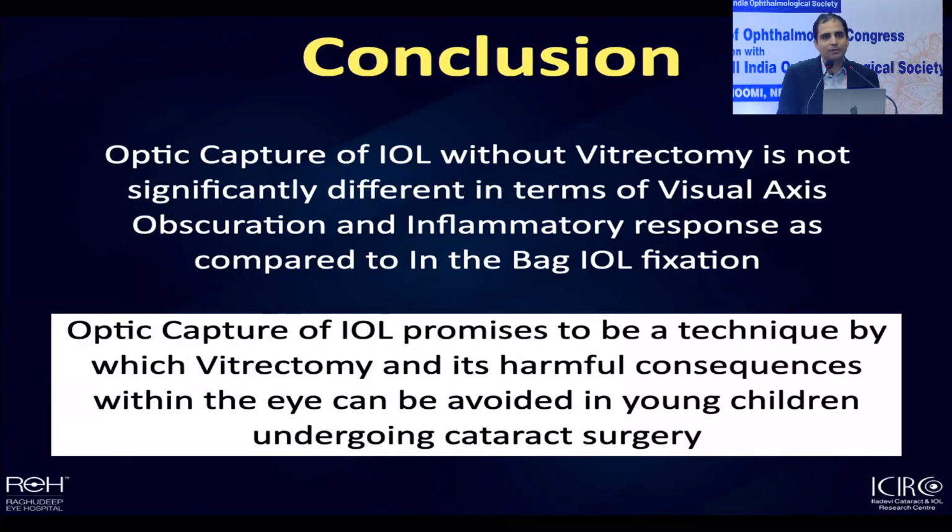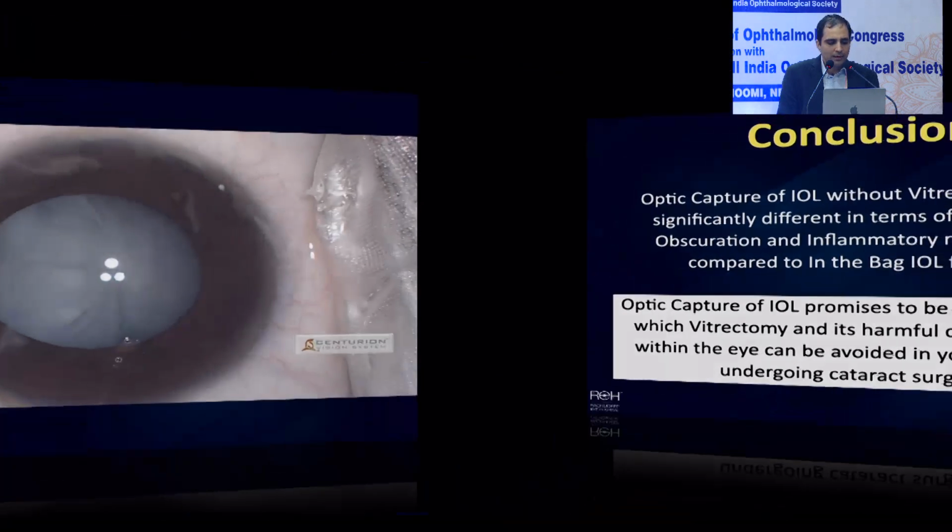So we find that if we are able to do a good posterior capsulorhexis, optic capture is something that we prefer, because it gives us the advantages of capture and allows us to avoid vitrectomy in children, because none of us actually know the role of vitreous in a growing eye, how it's going to affect the growth and other things. So if we can avoid something, it's always good.